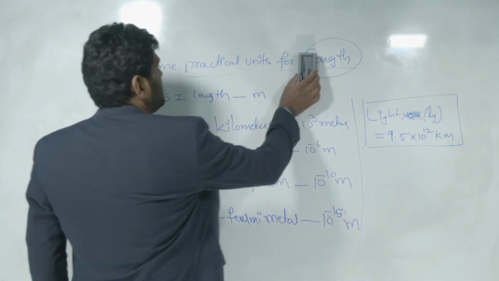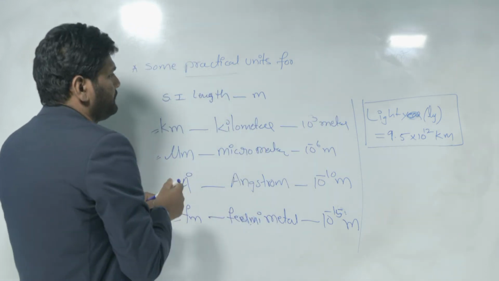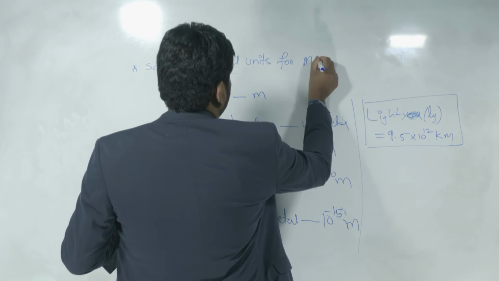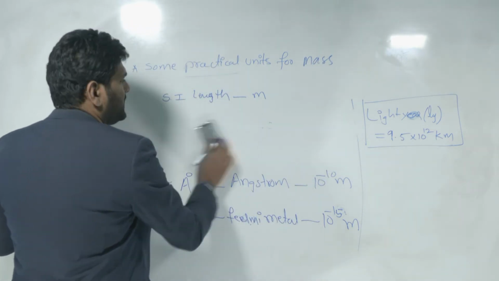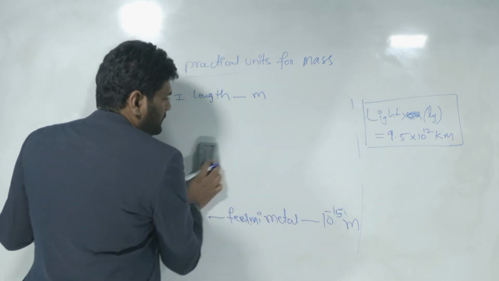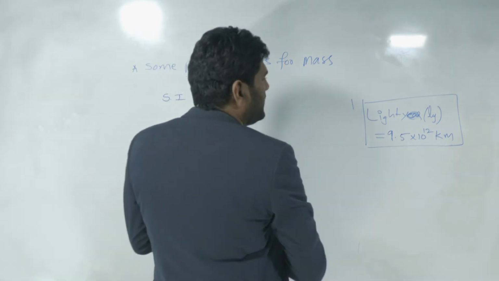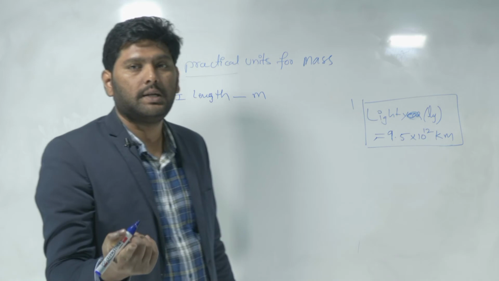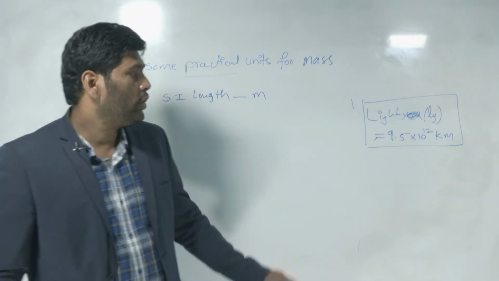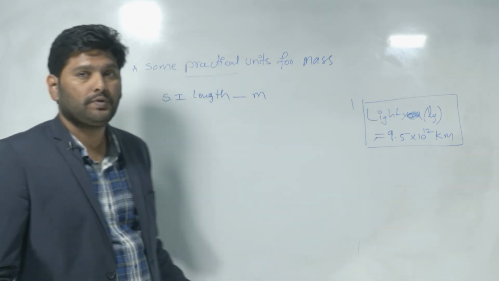Instead of length, now let us discuss mass, the practical unit of mass. Here light year means the distance traveled by light in 1 year, which in kilometers is 9.5 into 10 power 12 kilometers.